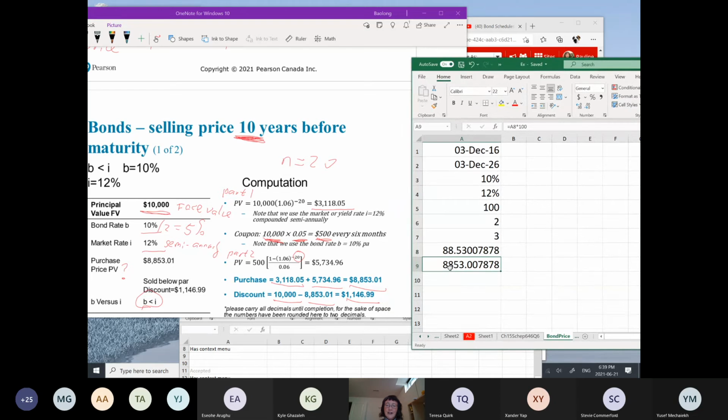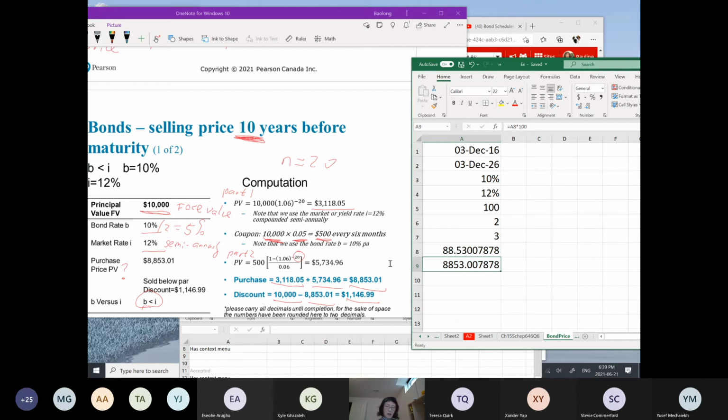See, 8,852, the same number as we get here. Did you see it here? So that is the Excel method.